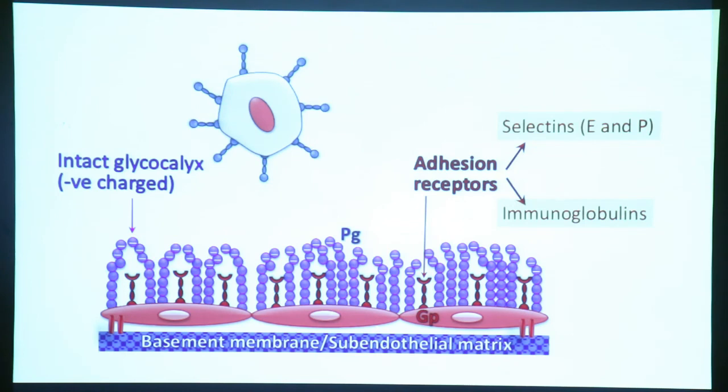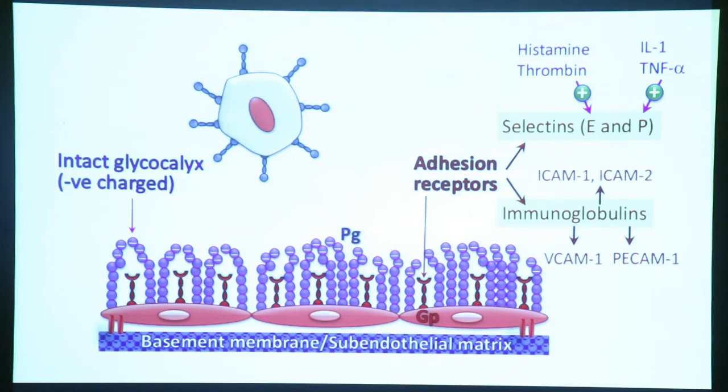You have selectins and you have immunoglobulins. The selectins are for histamine and thrombin and for interleukins and tumor necrosis factors. They bind to these selectin receptors which are present on the glycoprotein molecule. Whereas immunoglobulins are basic adhesive molecules, intercellular, that is ICAM.